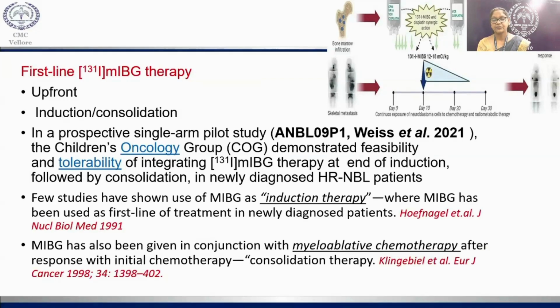Few studies have shown the use of MIBG as induction therapy, where MIBG has been used as first line of treatment even in newly diagnosed patients. MIBG has also been given in conjunction with myeloablative chemotherapy after response with initial chemotherapy consolidation therapy.